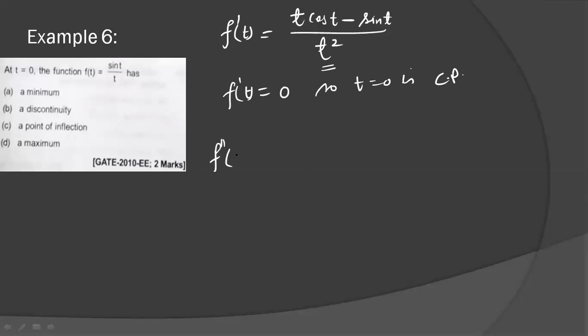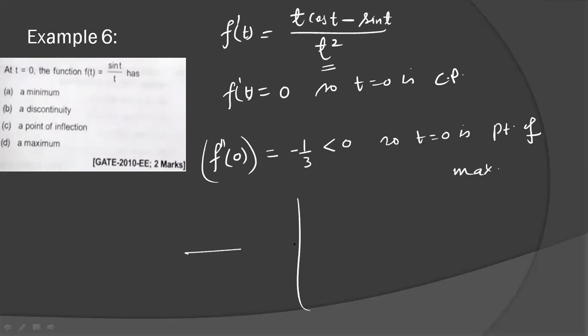If we find the double derivative at t equal to 0, you can check that it is equal to minus 1 by 3, or negative. So t equal to 0 is a point of maximum. If you do the graph, you can see this graph at t tending to 0 tends to 1 only.